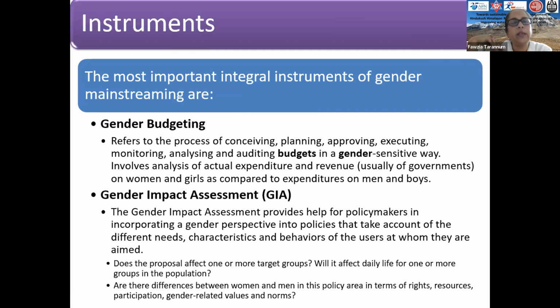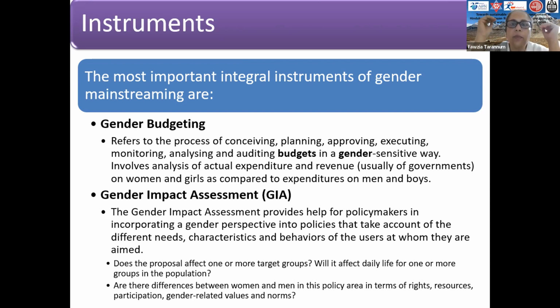One instrument that we normally use for mainstreaming gender is gender budgeting. This process refers to conceiving, planning, approving, executing, monitoring, analyzing. The whole objective of gender budgeting is having disaggregated information. So gender should always be one of the elements of analysis.